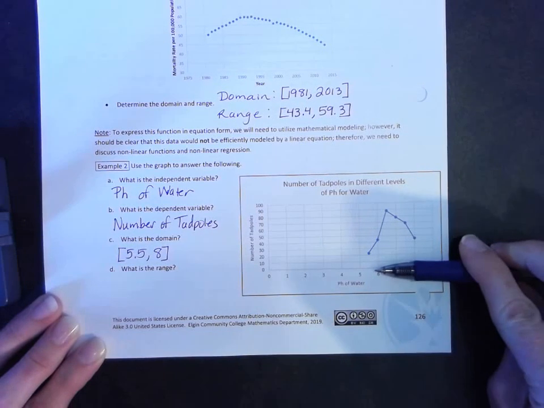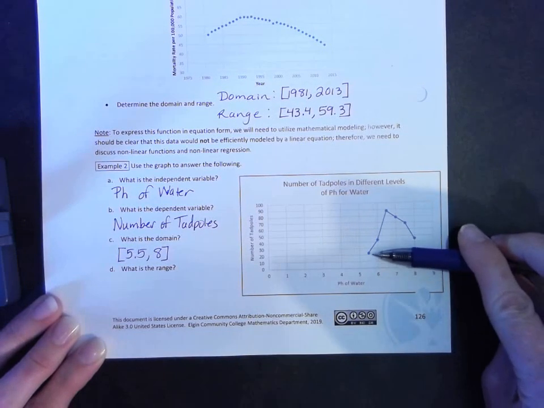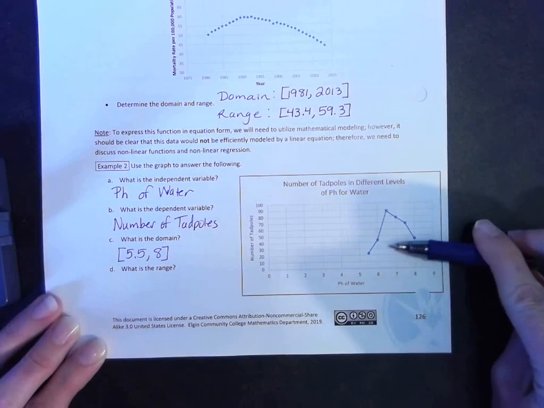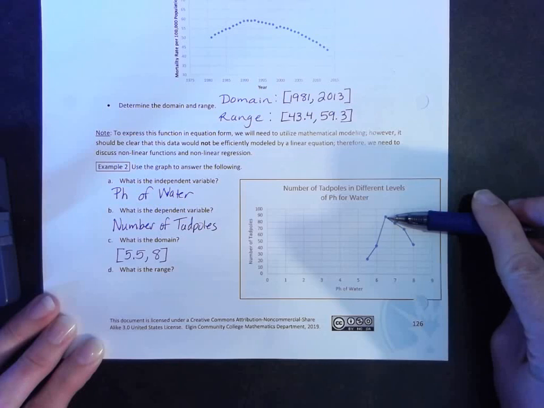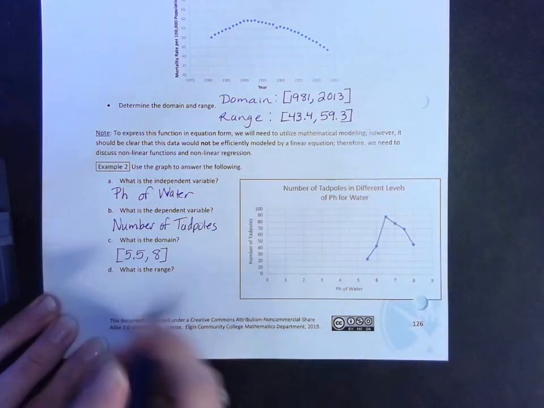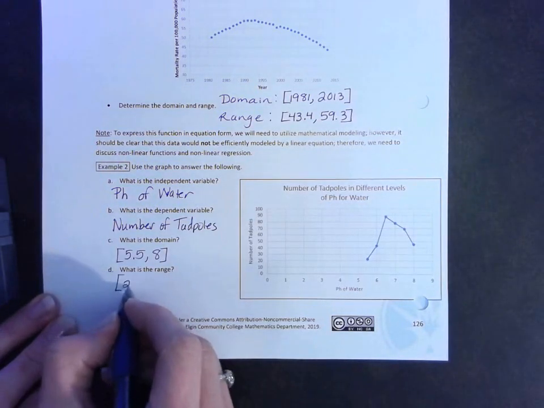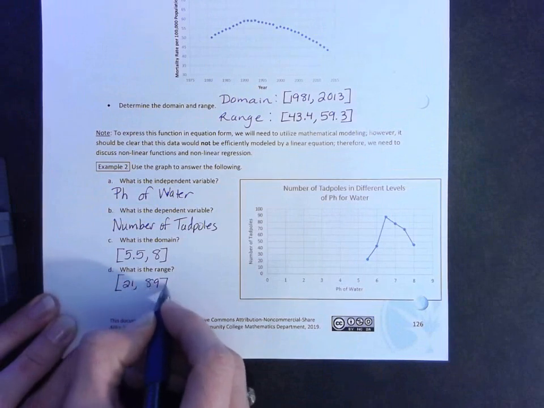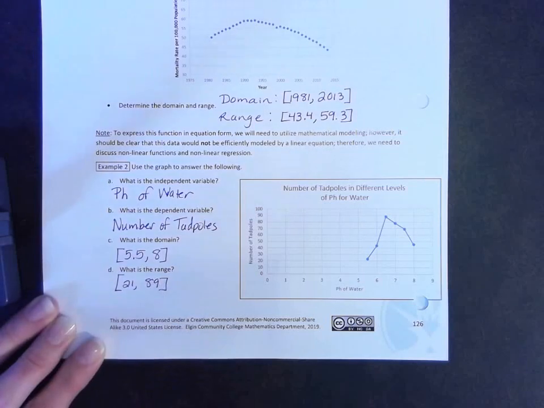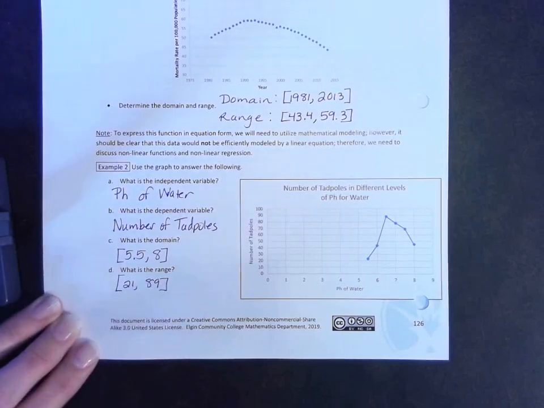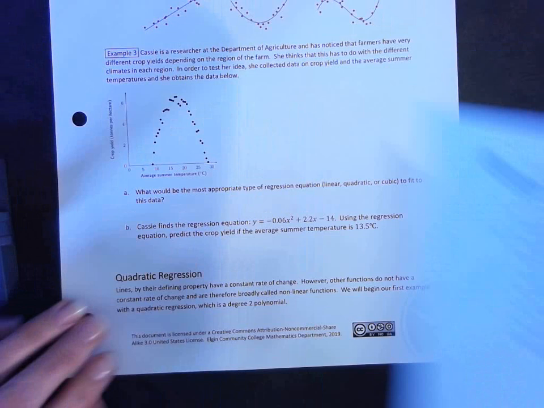The range here starts just over the 20 line, so I'll maybe say 21, and then all the way up to the largest output value here looks like it's just under that 90 line. So I'm going to say from 21 to 89. If I wasn't sure, I could say 20 to 90 just to be safe. So again, that's our range.